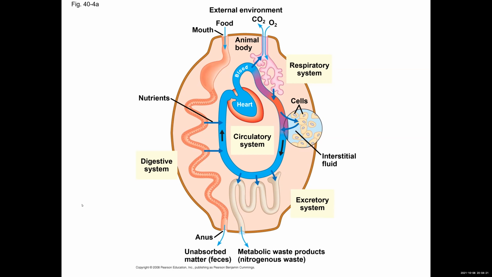Once it's been moved from the gut into the circulatory system, the circulatory system is continuous. Stuff isn't supposed to get out of it, right? If you have a breach in your circulatory system, that's bad. Right, so we have to have a way to move those molecules that we don't want out of the body. So we have an excretory organ.